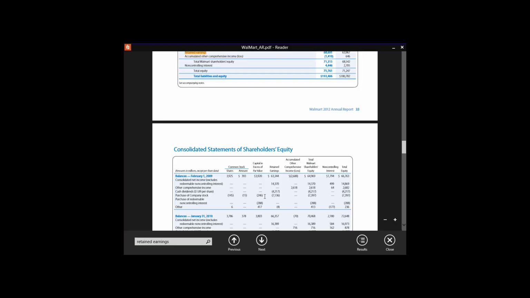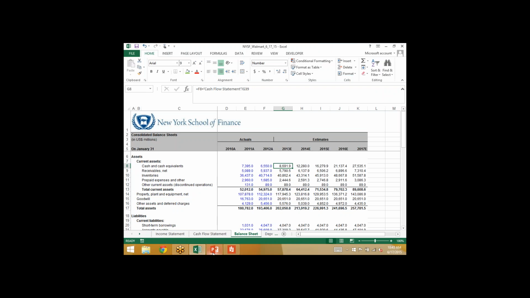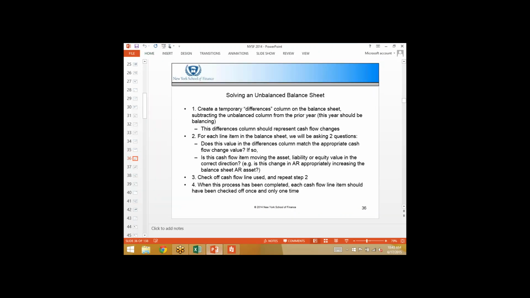So in summary, the reason why the balance sheet balances is because we have utilized each and every cash flow statement line item in the balance sheet, right?